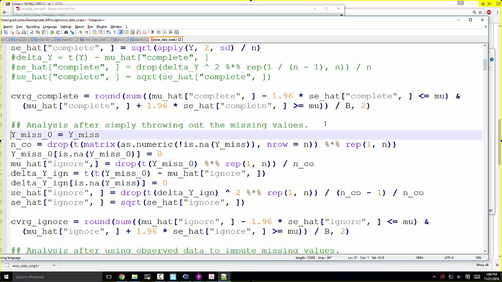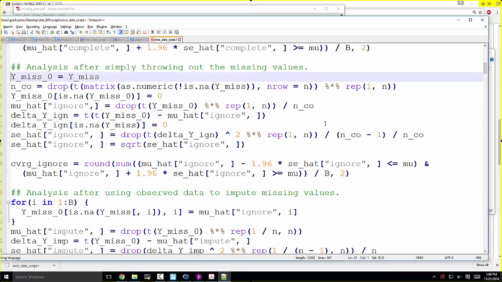What follows is, what if we only consider the complete observations? So to estimate a sample mean, one thing we could do is remove any missing values and just compute the average with the complete data.